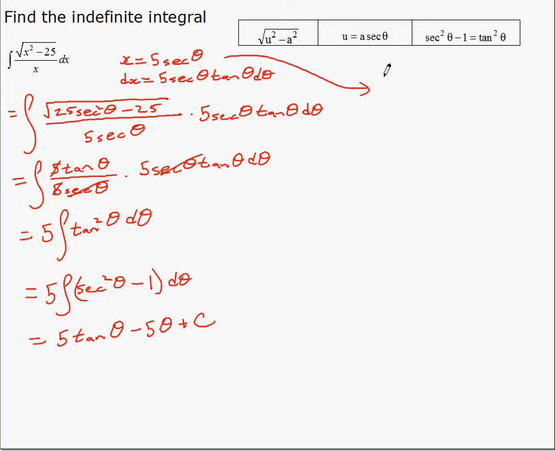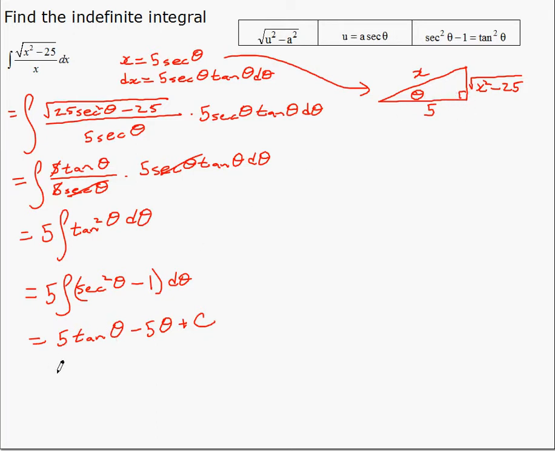Now we just need to replace tan theta and theta with the corresponding x value. So we'll draw a reference triangle, put in theta. We know that secant is x over 5. Secant is hypotenuse over adjacent, which makes this side over here x squared minus 25 under the root from the Pythagorean theorem.